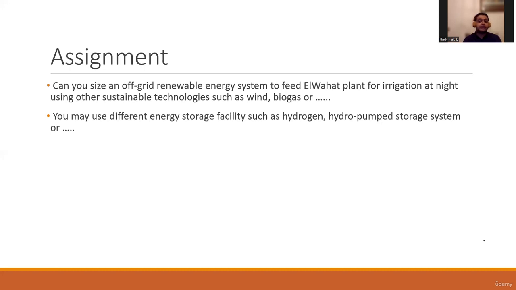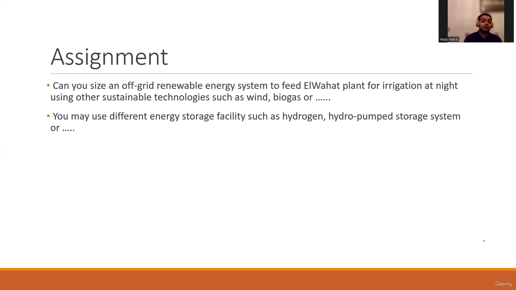You assume that there is this technology in such a place, and you may also use different energy storage facilities such as hydrogen, hydro pumped storage system, and so on. Please size for a different renewable energy technology and different energy storage facility. But you can use wind with the batteries, for example, biogas with the batteries.